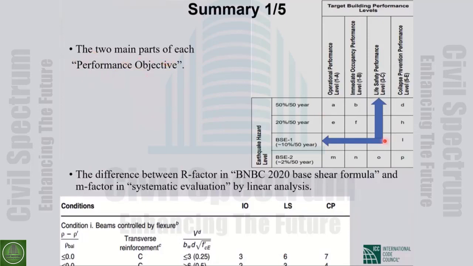A performance objective, with which we start our systematic evaluation, by assigning or selecting a performance objective, consists of an earthquake hazard level and a structural building performance level, target building performance level.